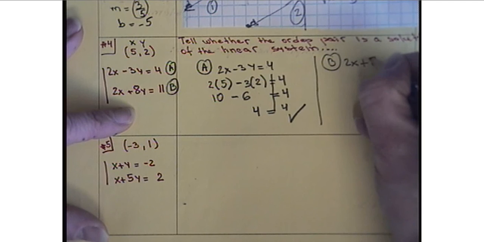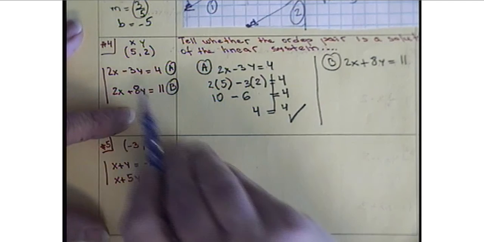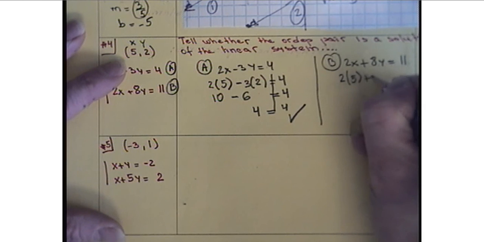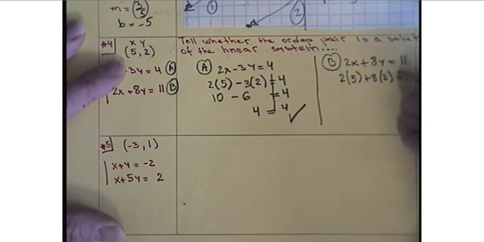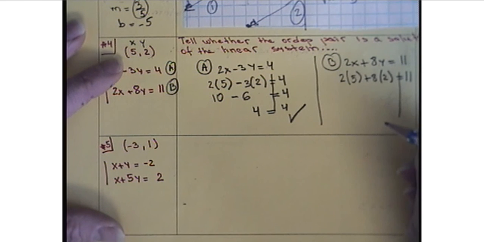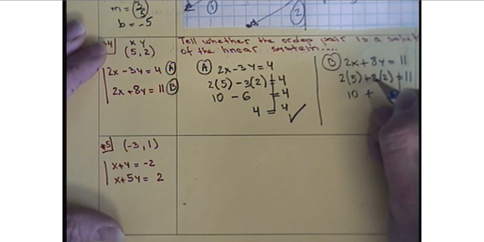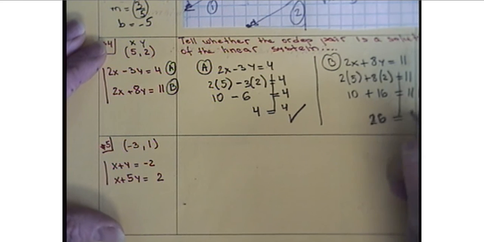So we will do the same thing. 2x plus 8y equals 11. For x and y, I have 2 times x, which is 5, plus 8 times y, which is 2, equals 11. Solving those, 2 times 5 is 10 plus 8 times 2 is 16 equals 11. So 10 plus 16 is 26 equals 11.